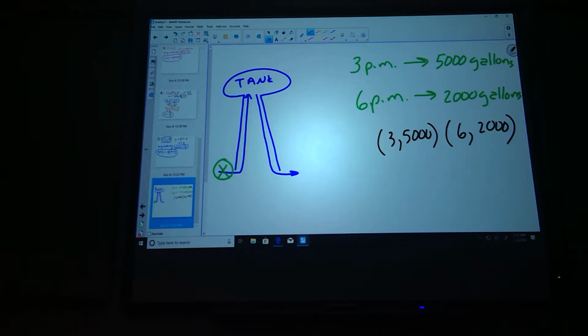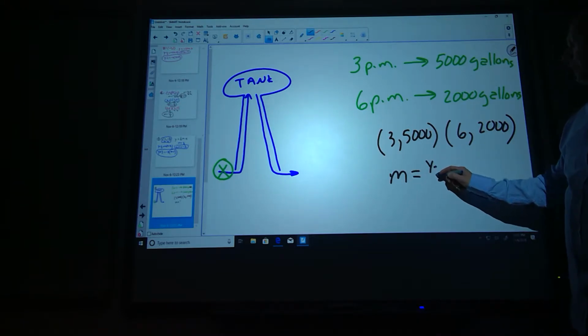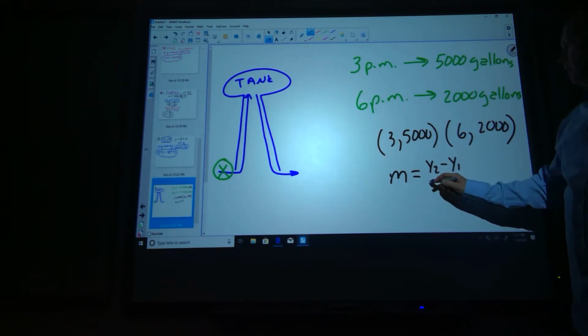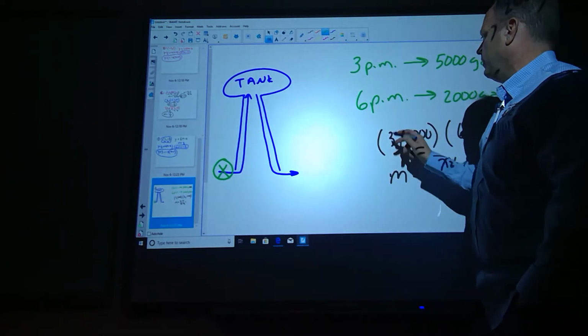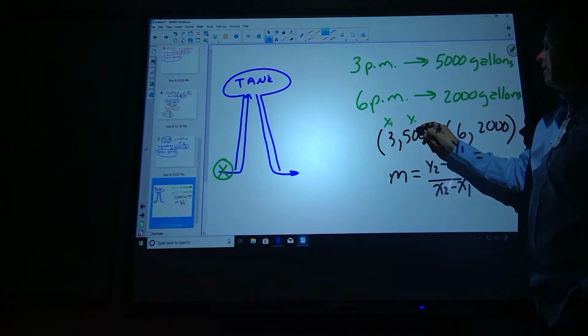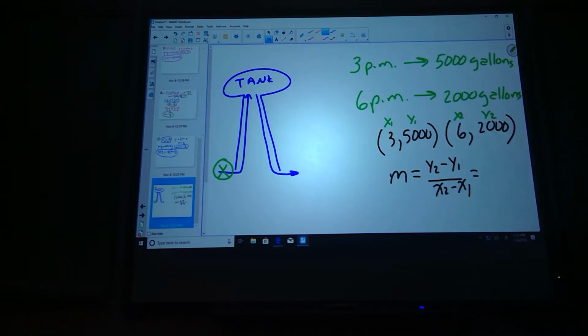Okay. First thing I want to do is I just want to find the slope. Again, I want you to know this equation. It's not a hard thing to remember. And then I'm going to come to my points, and I have to label my points either x1, y1 this way, or maybe label this one x1, y1. But because I've already labeled that, I'm going to go this way. All right, so I'm going to go 2,000 minus 5,000.